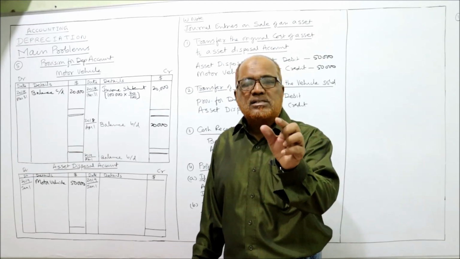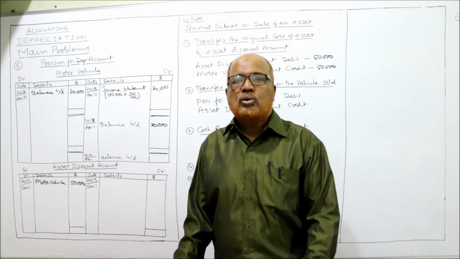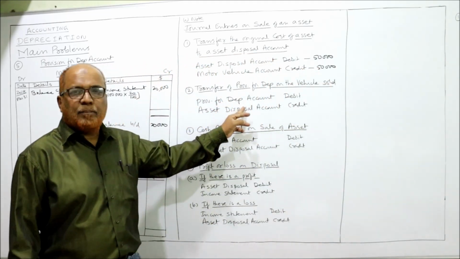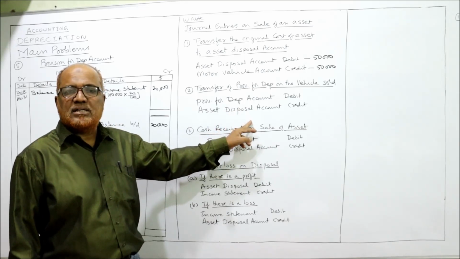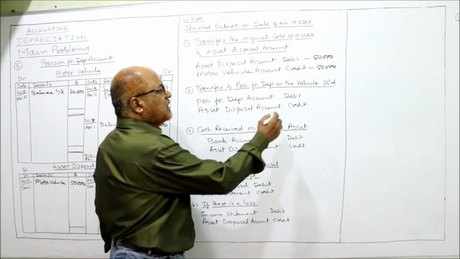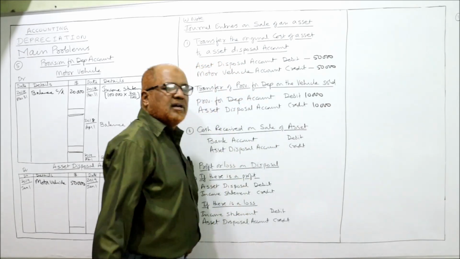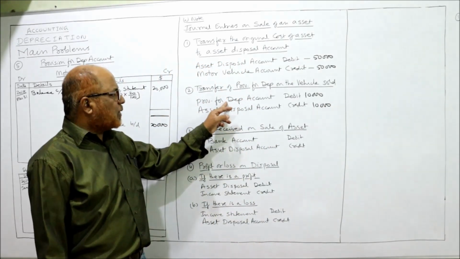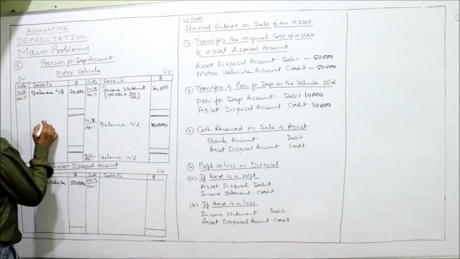So 10,000 is the depreciation on that vehicle which was sold. The entry will be provision for depreciation account debit, asset disposal credit. The provision for depreciation should be debited by 10,000 and the asset disposal account should be credited by 10,000. So this is provision for depreciation debit side, and here the credit side, asset disposal.